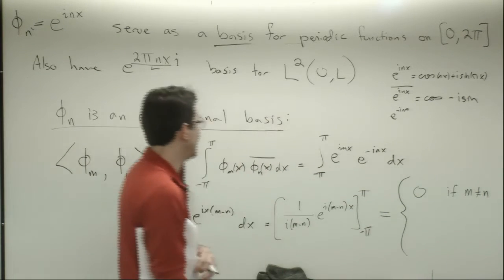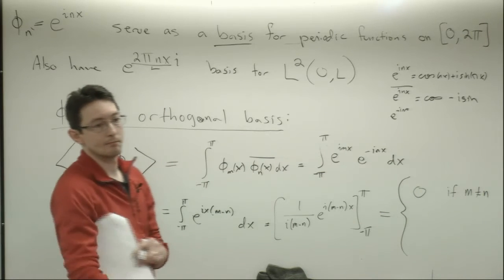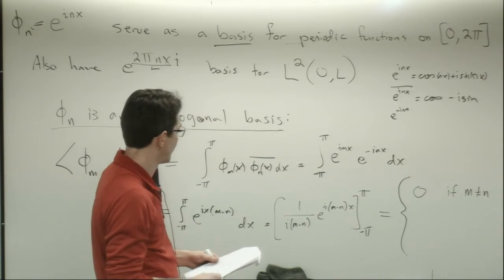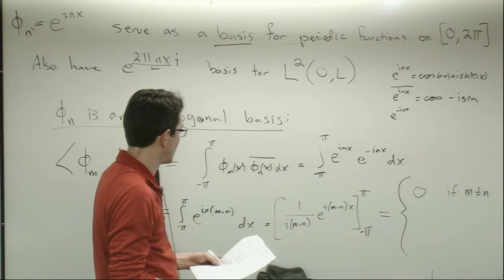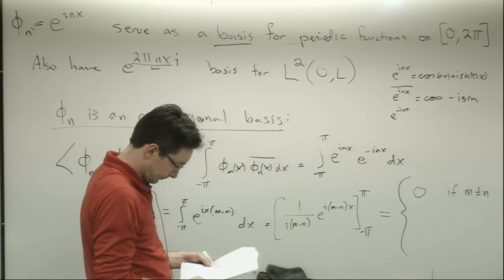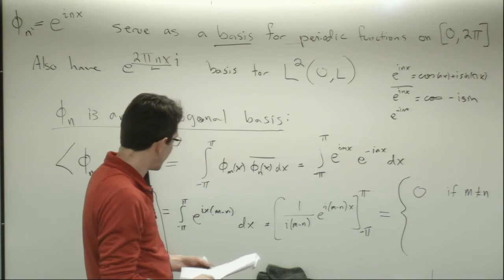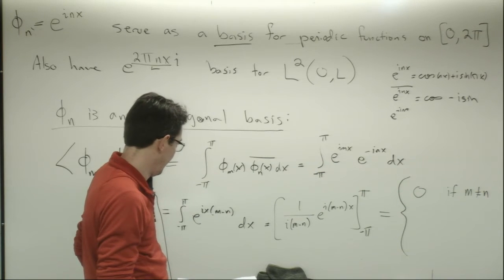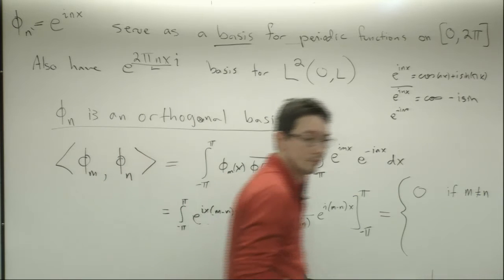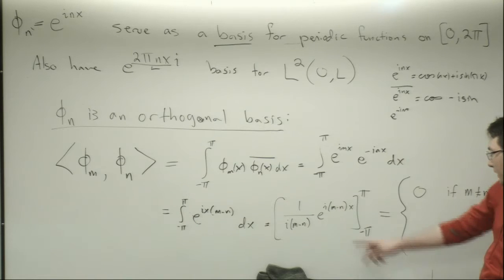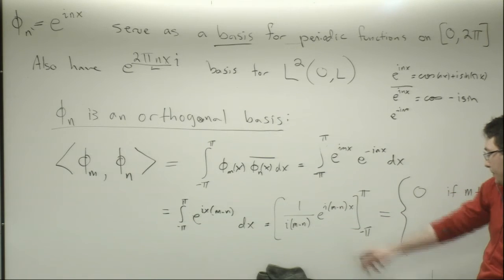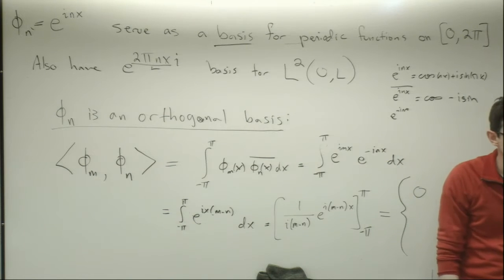What about if m is equal to n? So if m is equal to n, it's e to the ix, so it's just 1 over i, right?